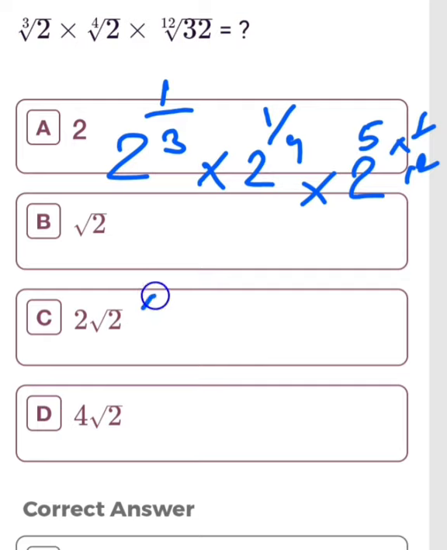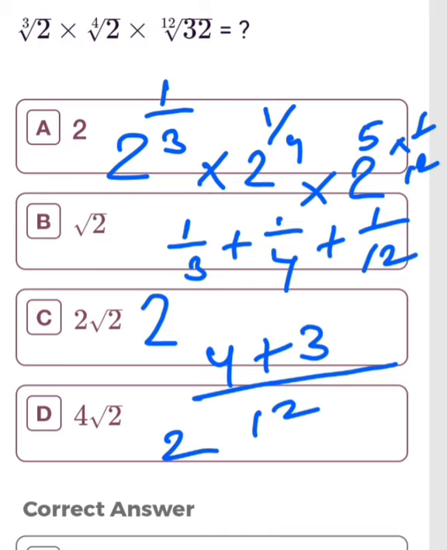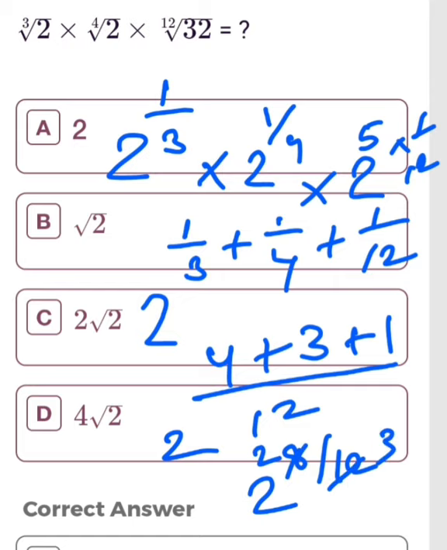So the base is the same, then powers will be added. 1 upon 3 plus 1 upon 4 plus 5 upon 12. 2 power, 12 is the LCM. 3 4s are 12, 4 3s are 12, 12 1s are 12. Then what will come? 4 plus 3 is 7, and 1 is 8. 2 power 8 upon 12. 4 2s are and 4 3s are. 2 power 2 upon 3.